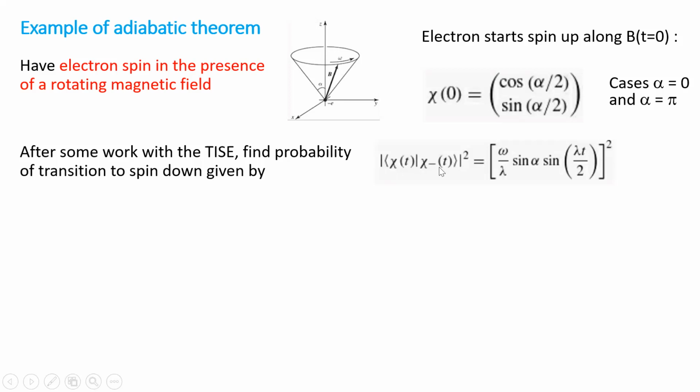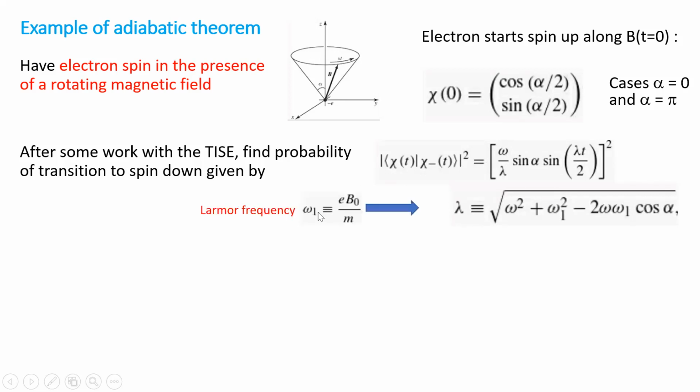It's the inner product of spin down with our time-dependent spin, and it's equal to this expression here: omega over lambda, times sine of lambda t over 2, all squared, where omega is the frequency of rotation, and lambda is defined as this quantity here, which involves the angle and the rotating frequency of the magnetic field omega, also omega 1. Now, omega 1 is the Larmor frequency. It's the frequency that the spin would precess around the magnetic field. It's eB0 over m.